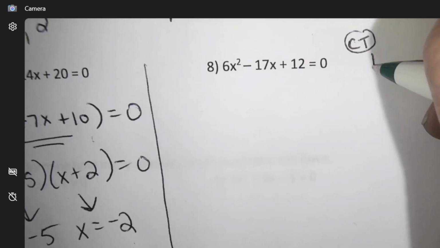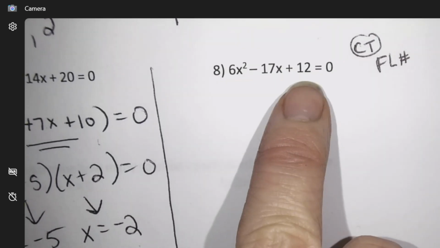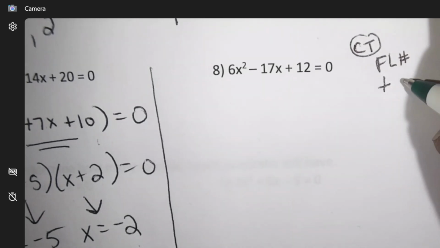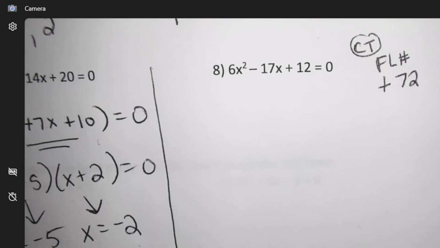So I'm going to look for my flow number to start this out then. So 6 times 12 is positive 72. Can anybody think, instead of me listing it out, does anybody have multiples of 72 that could add to 17?